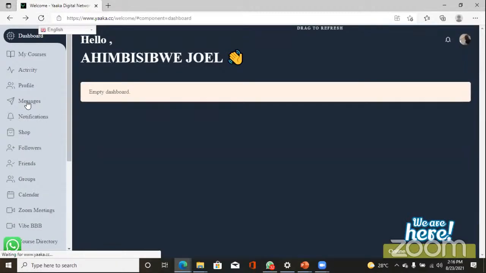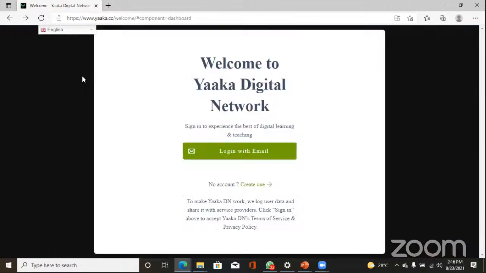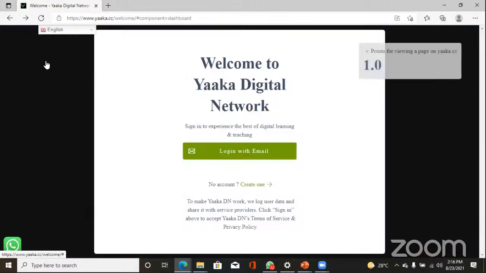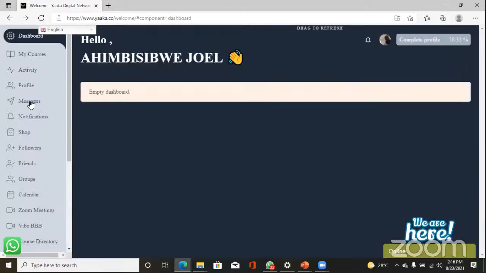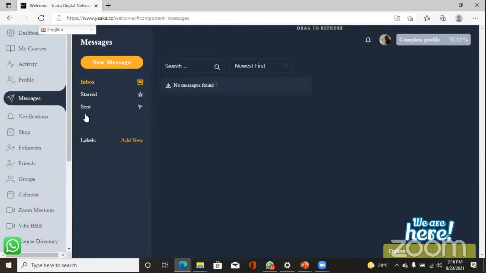When I tap on new message and put in the recipient, I'm not able to scroll downwards like this.